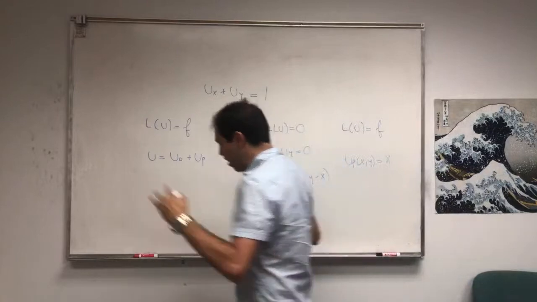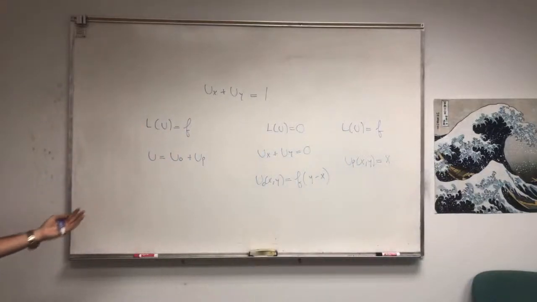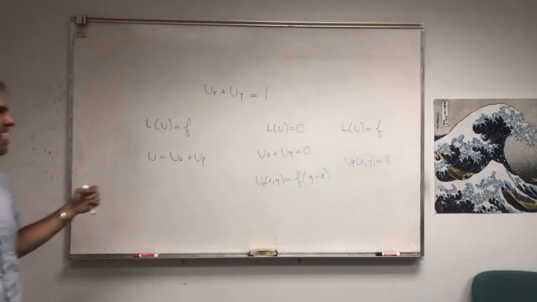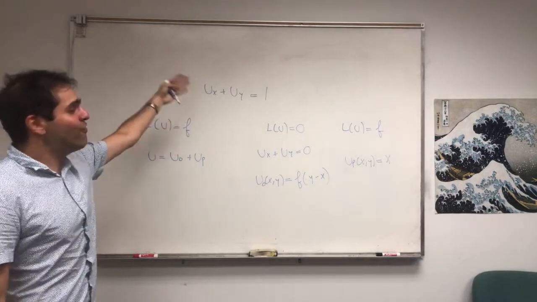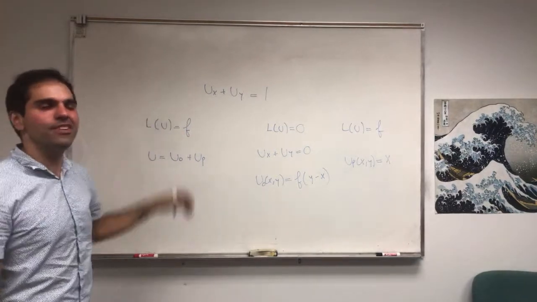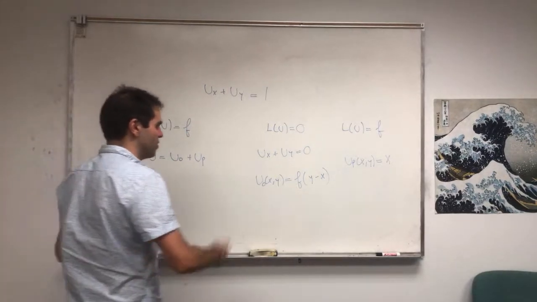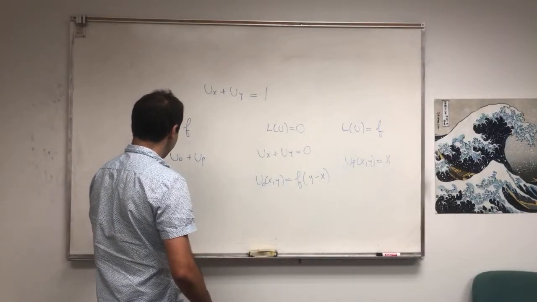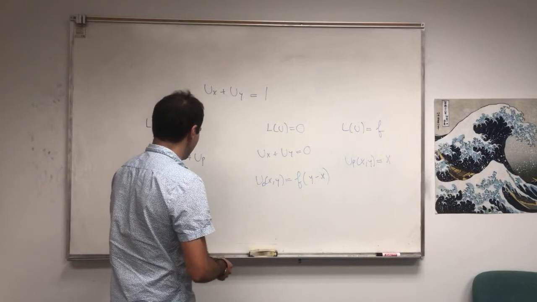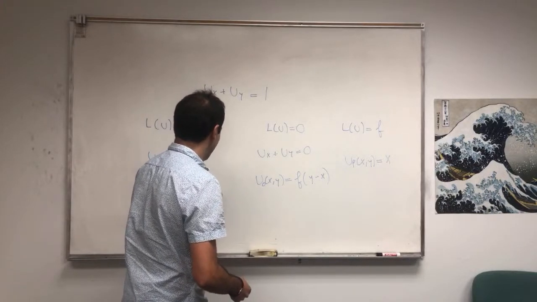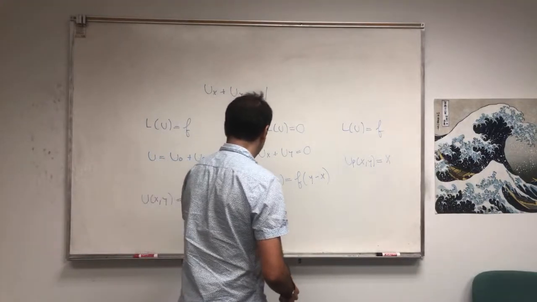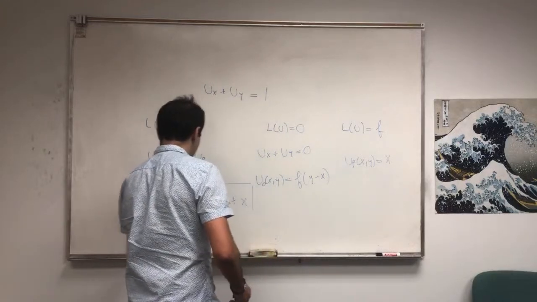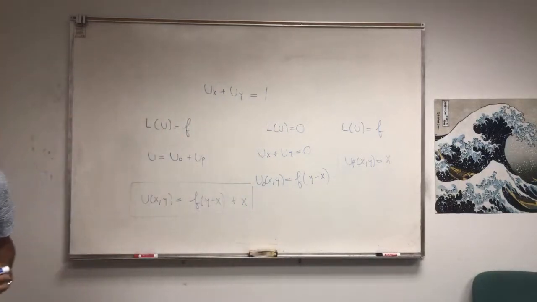Obviously, for more complicated equations, it would be more complicated, but if I ask you a question like that, it would be one of the easiest guesses possible. And then, what is your solution? It's just the sum of those two: f of y minus x plus x, or plus y, it doesn't matter.